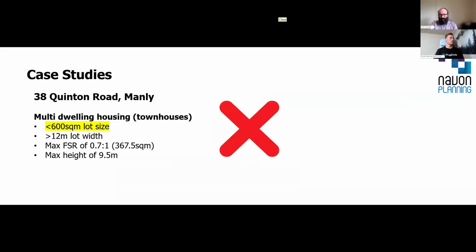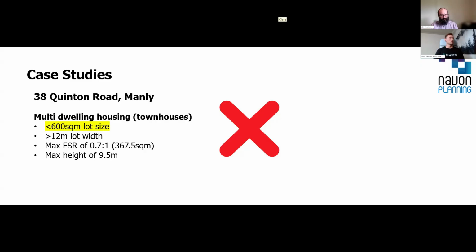But you'll see here, when we're looking at townhouses, you actually need to have a minimum of 600 square meters. That's a bit funny, I guess, that for a block of apartments, you only need 500 square meters, but for townhouses, it's 600 square meters. Obviously, for townhouses, you require more space for driveways and parking. So maybe that's why you need more space.